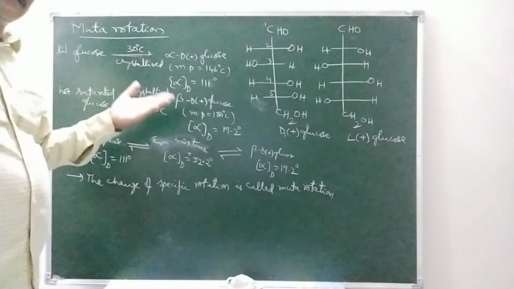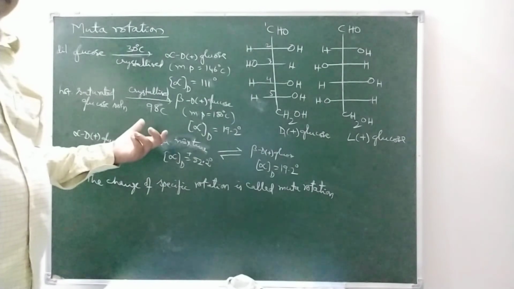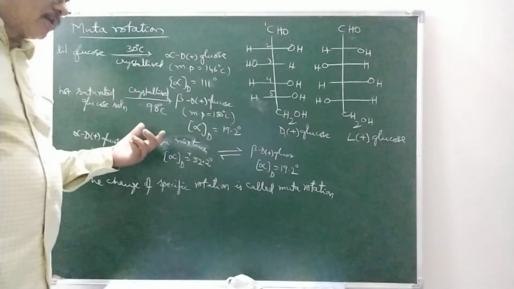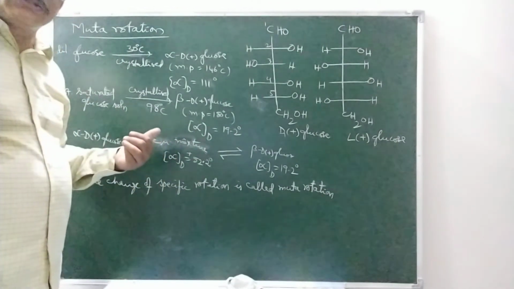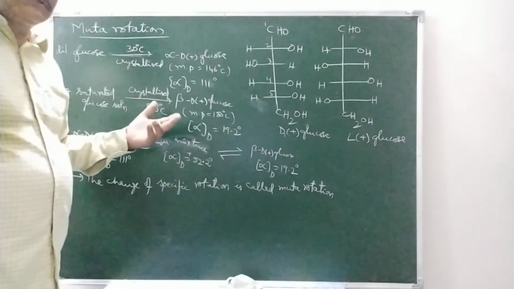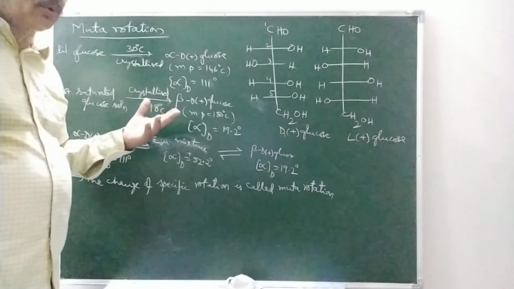Then what is the difference between these two? In structures. These are called anomers. Alpha D glucose and beta D glucose are called anomers.